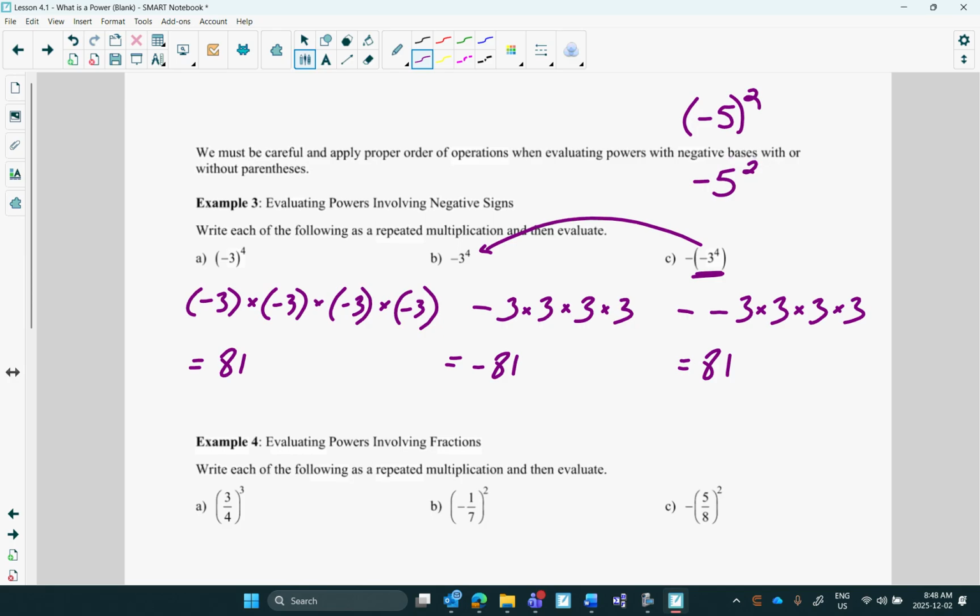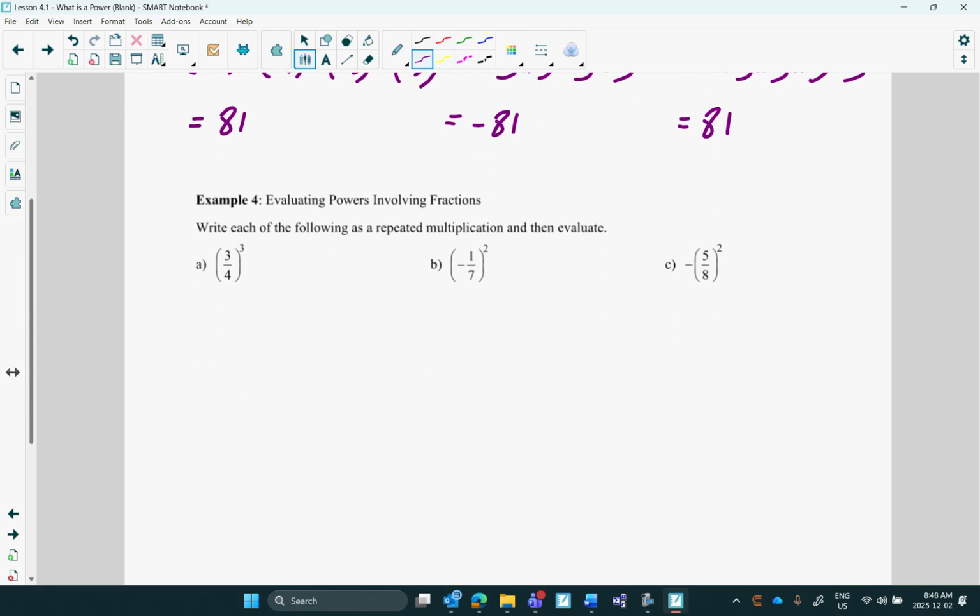Something else you may see as bases, fractions. This may be new to you. Okay, and whenever we have fractions as a base, they should always have parentheses. You can look at this 2 ways. 3 over 4 times 3 over 4 times 3 over 4, or, and this might be easier to look at it this way, you take 3 up top and raise it to the third, and you take 4 on the bottom and also raise it to the third.